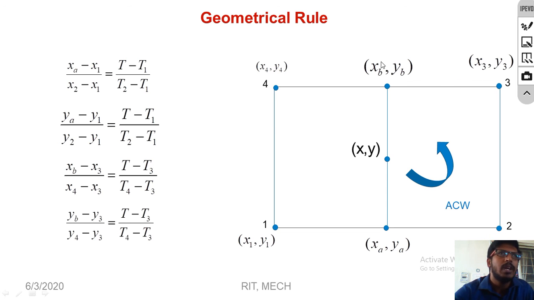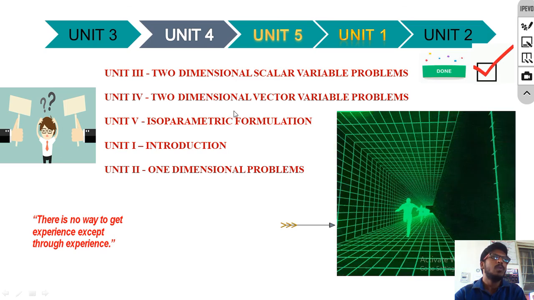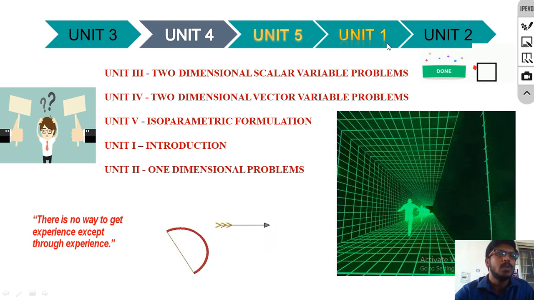The same way we can derive the y value. All the values are known except XA, YA, XB, YB, which are unknown, and from these equations you can find the unknown values in the particular temperature region. We have discussed the unit 3 formulas, so definitely it will be very useful for solving problems.